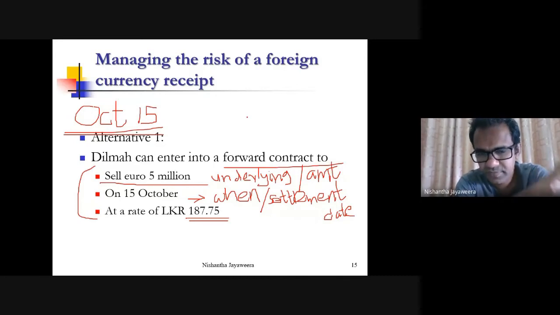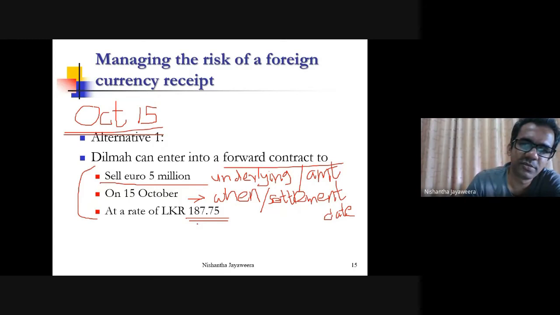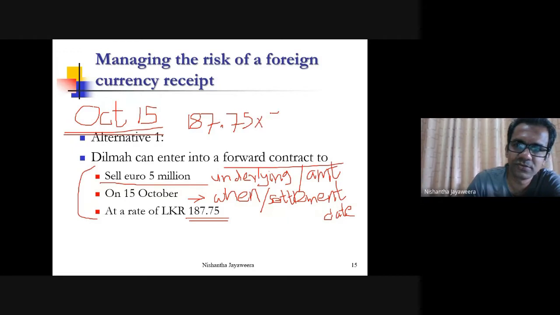So the importer from Germany will pay your bank euro 5 million, then the bank will keep it and give you the equivalent amount of rupees, which is 187.75 into 5 million. You will receive this much in rupees.